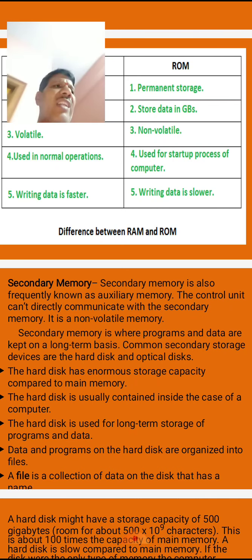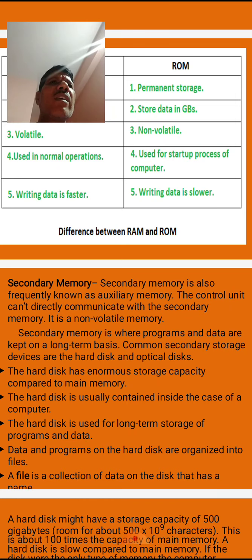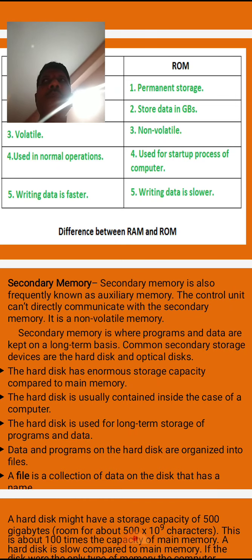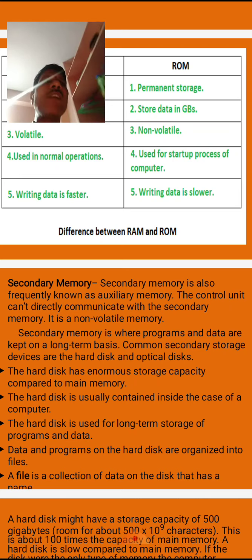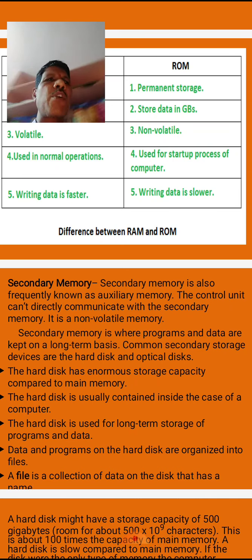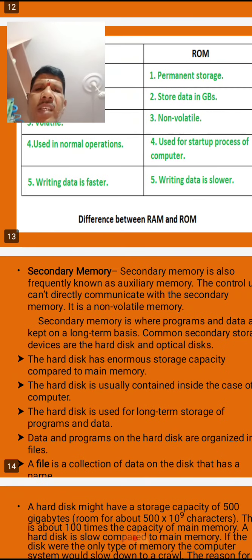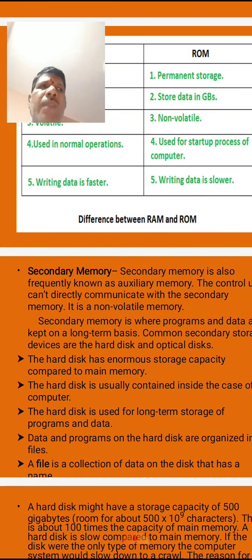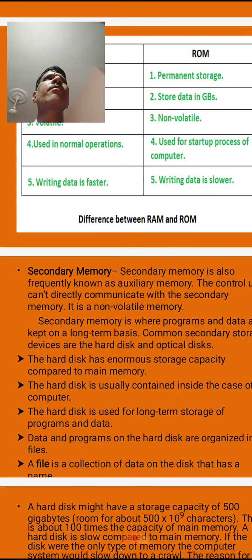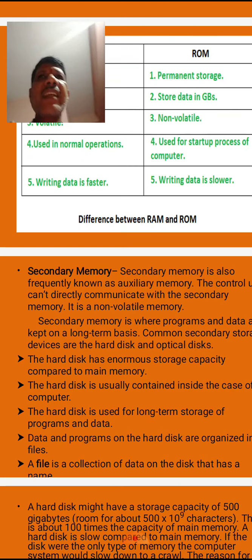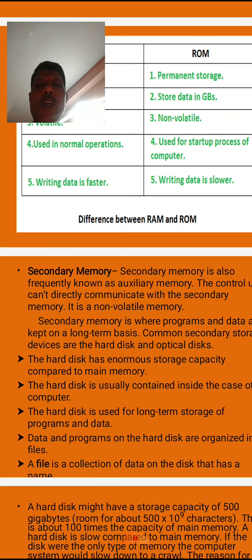For the ROM chips, the user cannot erase; some special mechanism is needed. But here, with a simple delete or backspace operation, you can erase data in secondary memory. But the processor cannot communicate directly with the secondary memory; it communicates with the help of the primary memory only.